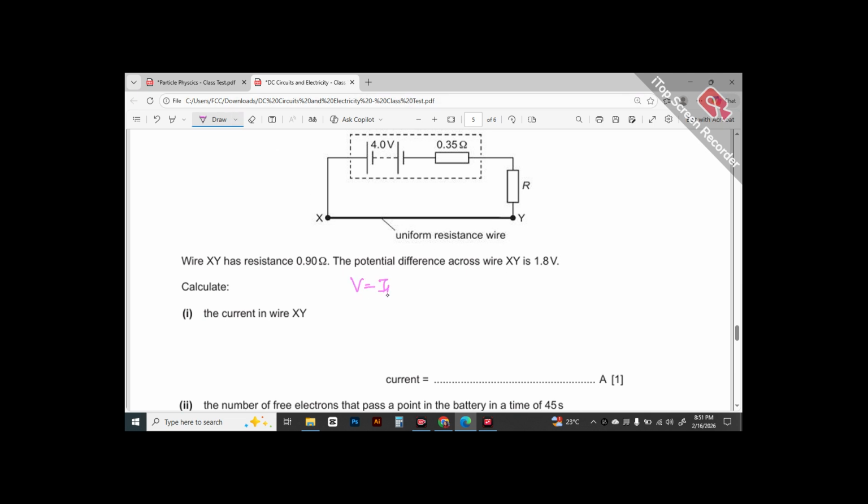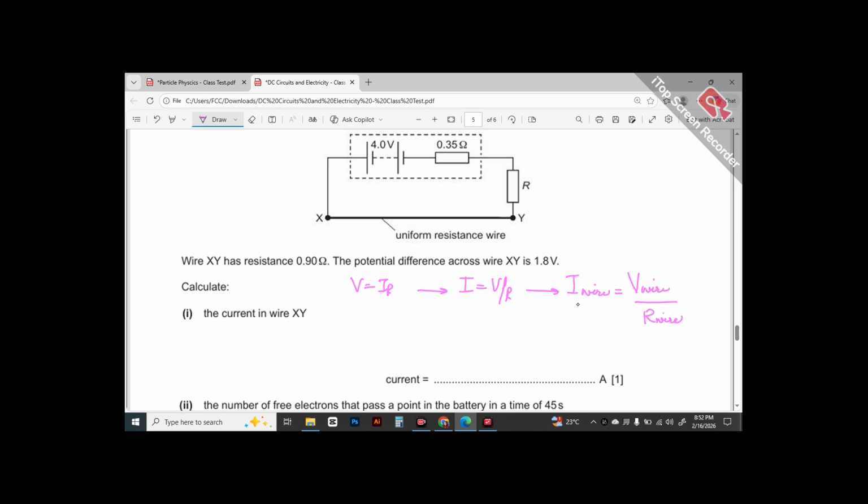V equals IR as per Ohm's law, right? So I should equal V over R. If you have to find the current passing through the wire, you have to mention potential drop across the wire divided by resistance of the wire. Not doing this was the most common mistake you had made.